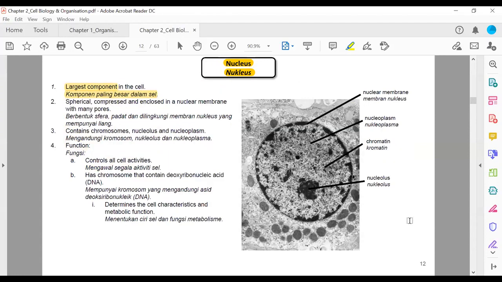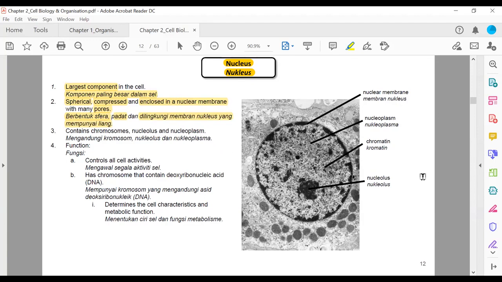Okay, let's go to nucleus. Largest component, organel yang paling besar sekali dalam sel. Spherical, berbentuk sfera. Compressed, padat. Enclosed in a nuclear membrane with many pores. Jadi dilingkungi membran nukleus yang mempunyai liang.